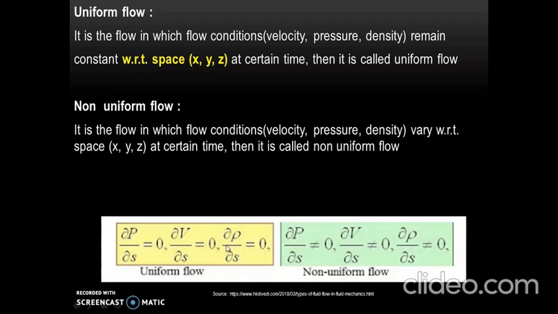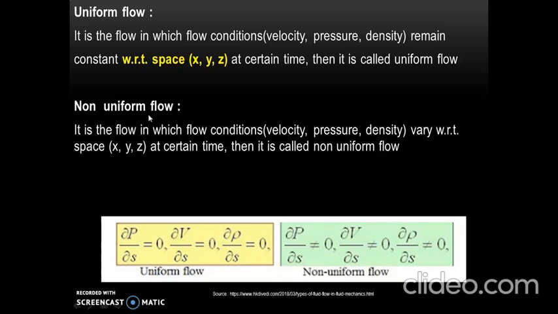That means dou rho divided by dou S is equal to 0. So we saw that if the change in parameters, that is flow conditions, which are defined by velocity, pressure and density, remain constant with respect to space, then the type of flow is referred to as uniform flow.